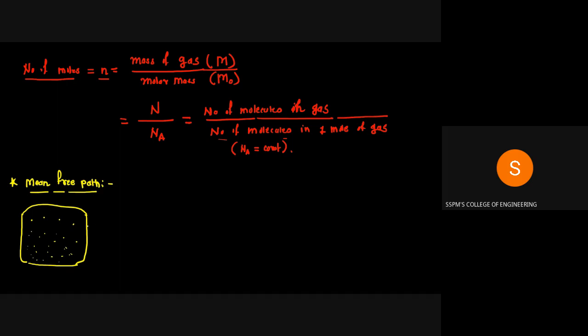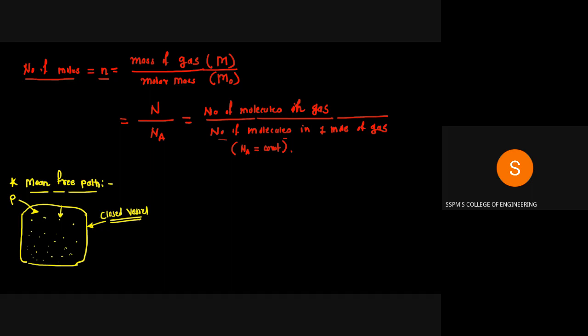Suppose we have one container or a closed vessel, and there is a gas at a particular pressure. Let us take the pressure of the gas as P. The mean free path of the gas: these are the molecules of the gas, shown by dots. It is the average distance traveled by a molecule between two successive collisions.